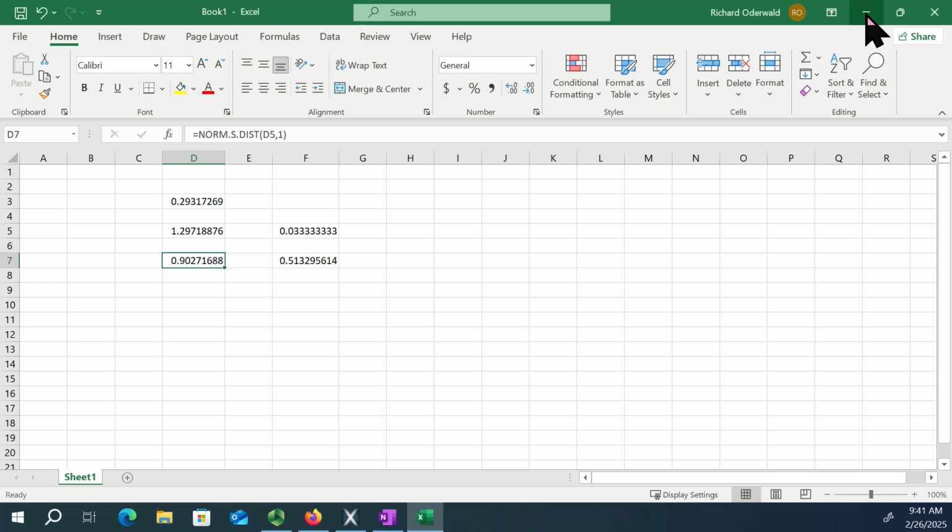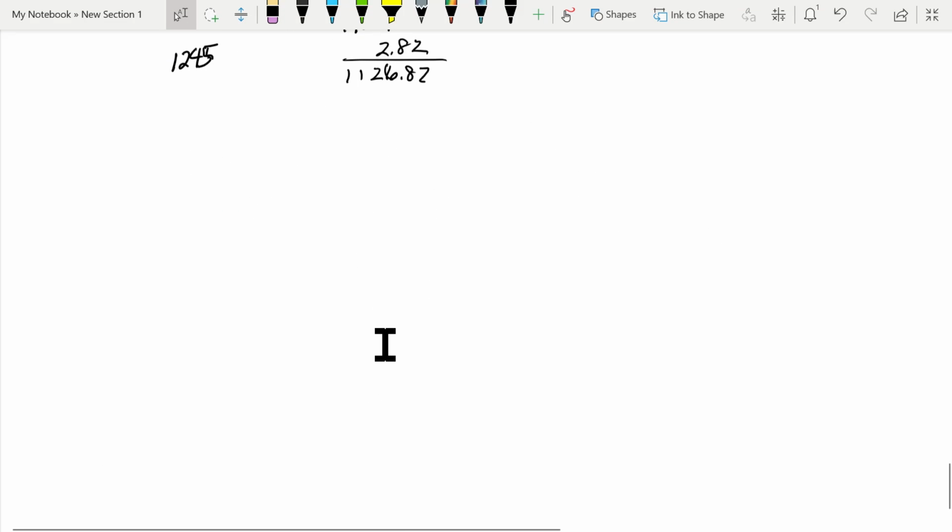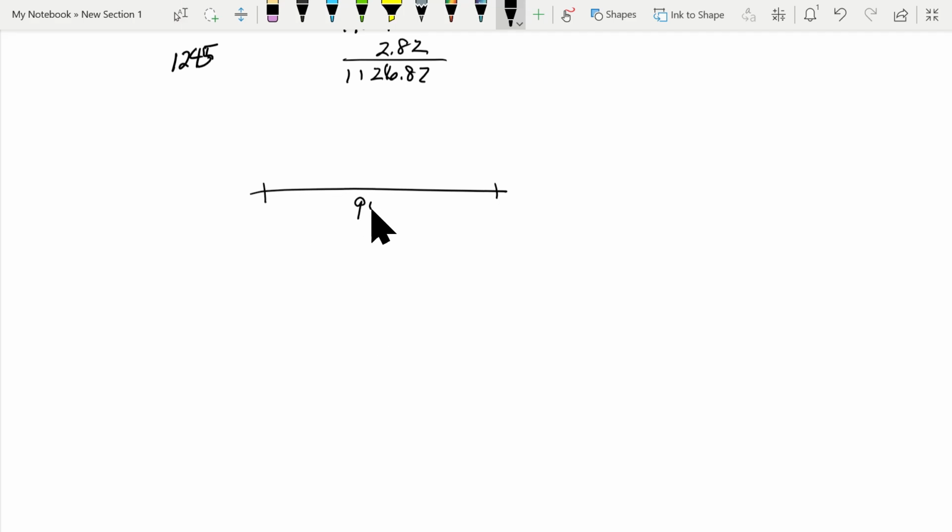How are you going to verify that? You can't look up the normal distribution from here to there. All you can do is get the area, the percent, the probability from the left. So how are you going to check the 95% business? What do you have to look up to get 95%? I got 95% in the middle.